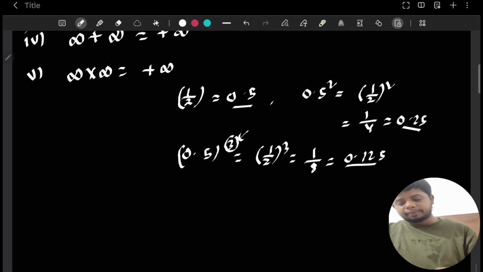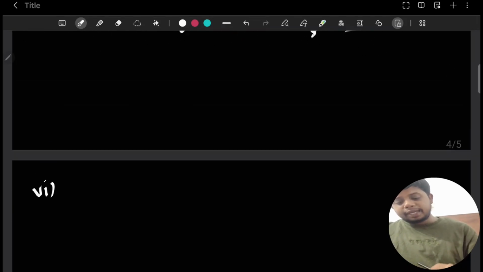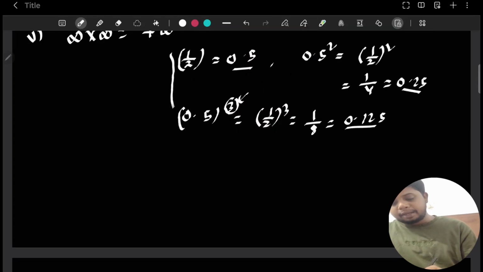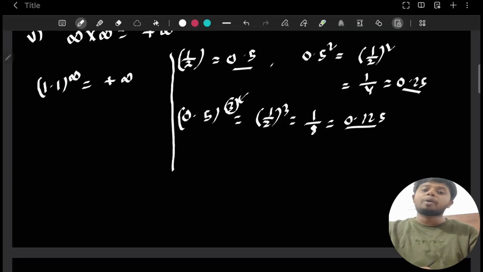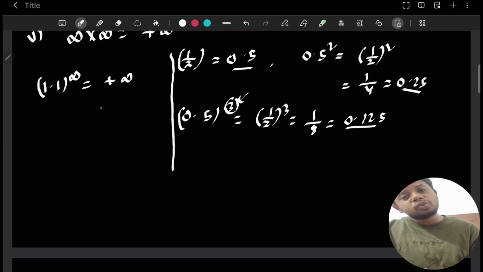So this is one example. If I take 1.1 power infinity, believe it or not, you will get plus infinity, like 2 power infinity. If I take 2, 2 power 2 is 4, 2 power 3 is 8, 2 power 4 is 16, and 2 power 5 is 32. So 1.1 power x will eventually go to infinity only.